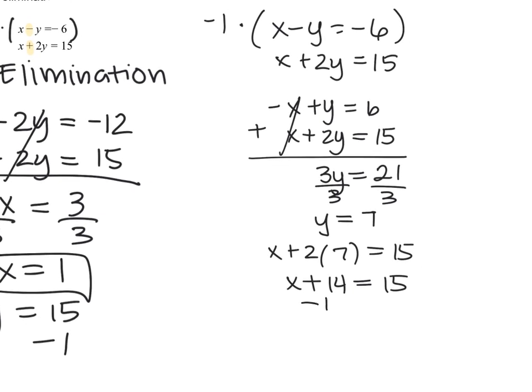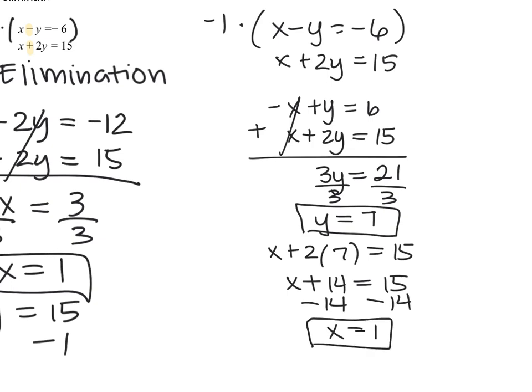And then subtracting 14 from both sides, we get x equals 1. So again, we got the exact same solution, y equals 7, x equals 1, which we still write as the point 1, 7. It doesn't matter that we solve for y first, it's always x, y.